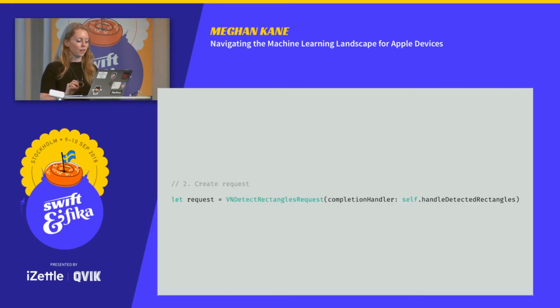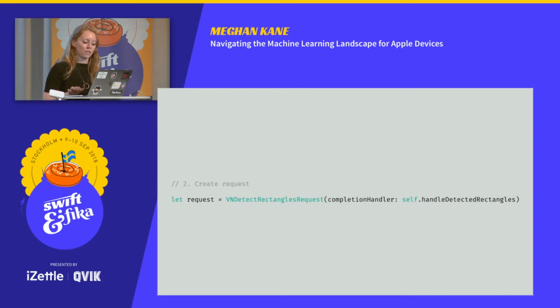Next, we're going to create a request. For the rectangle detection, we're going to create a VNDetectRectanglesRequest. This is very similar for the other tasks. It's just changed to a face rectangles request or a text rectangles request or anything else similar for whatever the name of your task is.